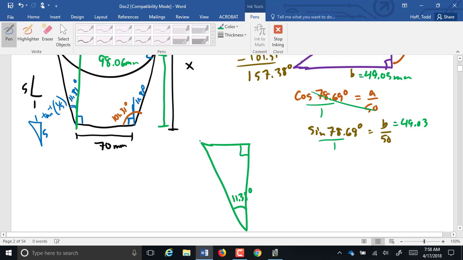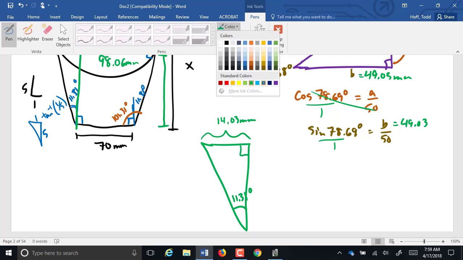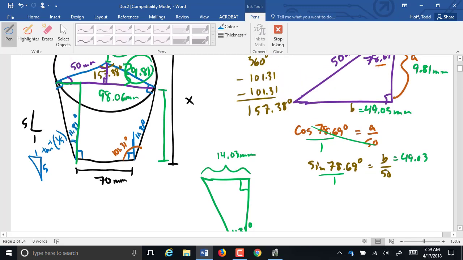This is a right angle. We do know that side. How do we know that side? Where did I get 14.03? Well, this whole thing is 98.06. I subtracted the 70, you get 28.06, divided that by 2.